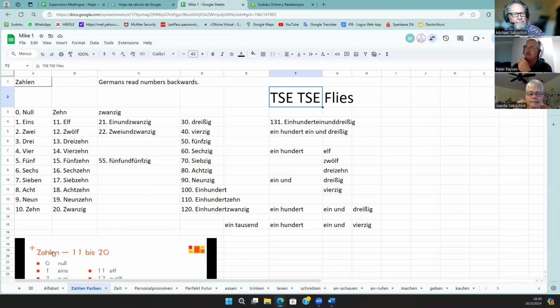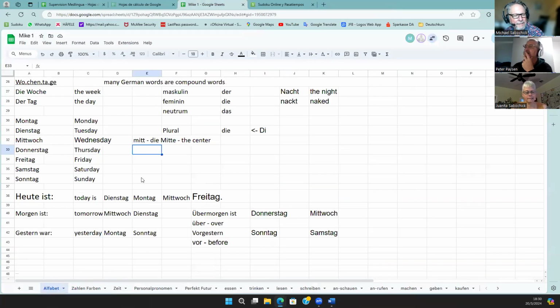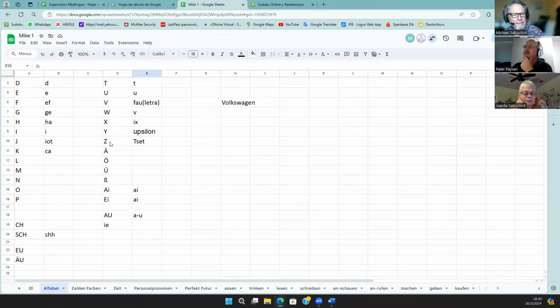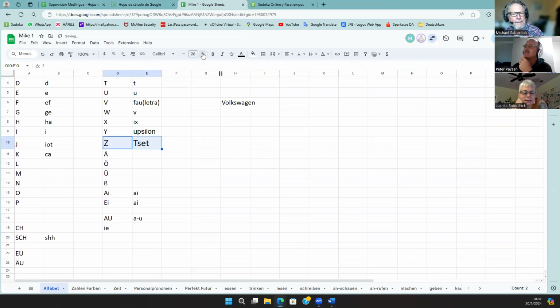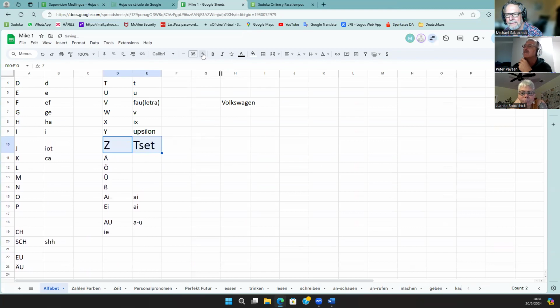Z, okay, right here. So we come back to the alphabet. This letter, for the Spanish speaking, is even tougher than for the English. But you have to pronounce it as if there is a T up front.